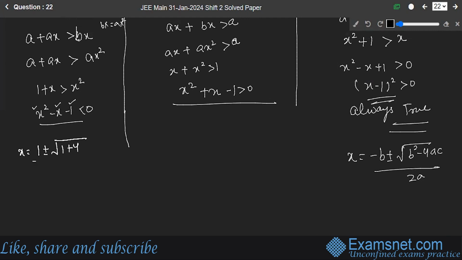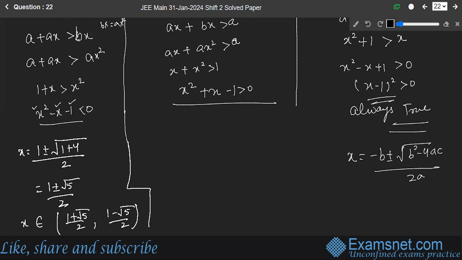This is going to give me plus 4, upon 2. This is equal to 1 plus minus root 5 upon 2. So that means x can have two values: 1 plus root 5 upon 2 and 1 minus root 5 upon 2.